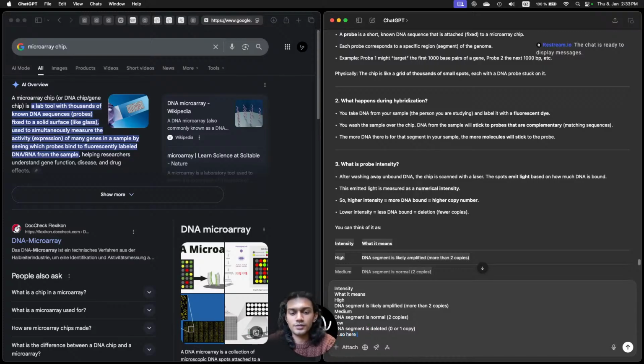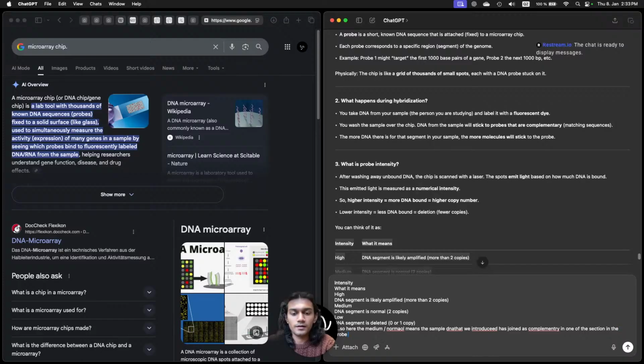So here, medium, normal, means the sample DNA that we introduced has joined as complementary in one of the sections in the probe, and that's it.